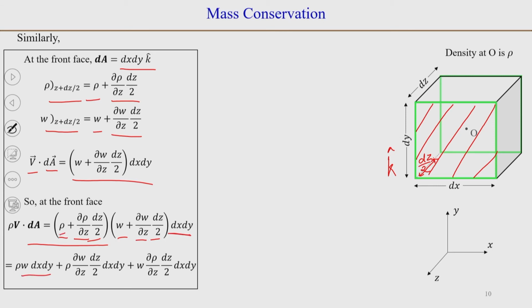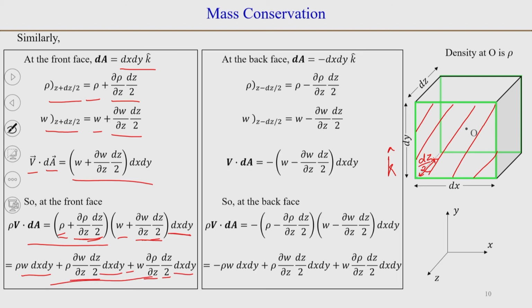The next term will be rho ∂w/∂z dz by 2 into dx dy, and the third term will be w ∂rho/∂z into dz by 2 into dx dy. The fourth term, which will be multiplication of these two small terms, we will neglect, because that will have dz squared, and the term will be smaller in magnitude when you compare with these three terms.